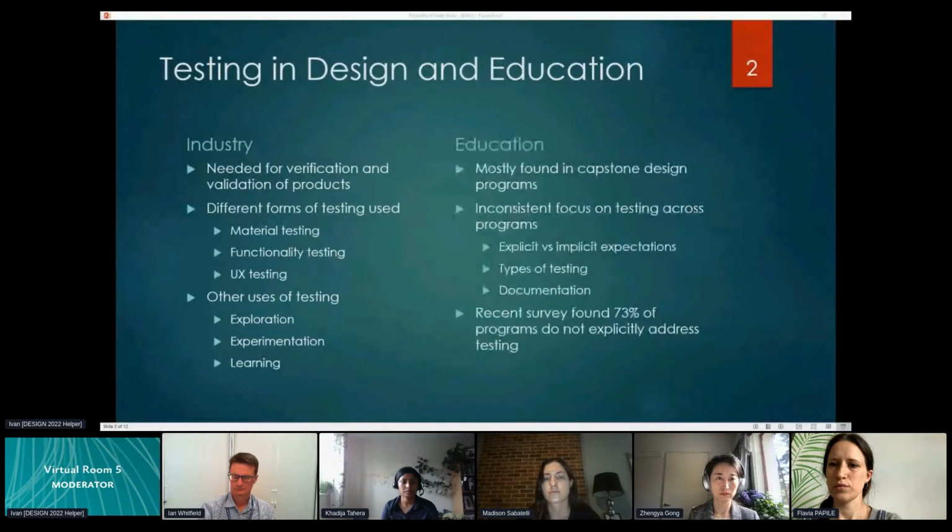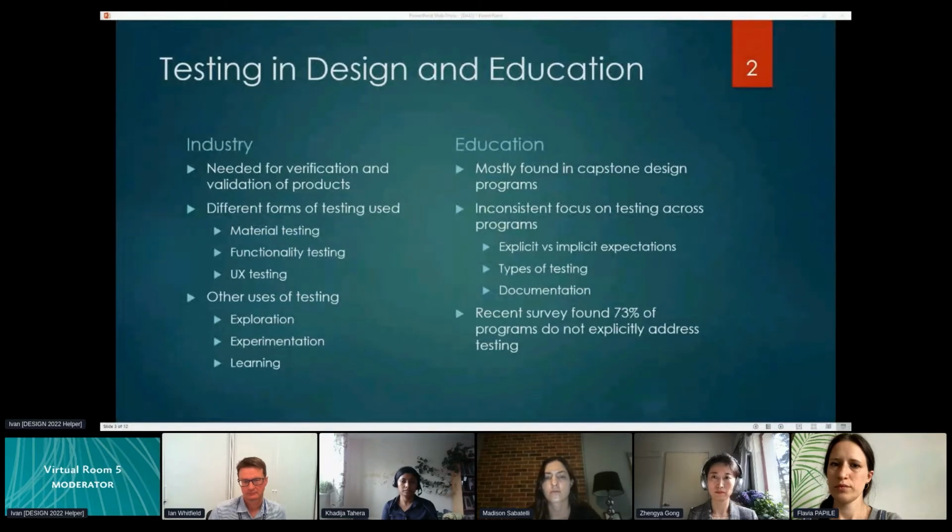In terms of education, testing is mostly discussed in the capstone design programs, and even there it's inconsistent as for what is exactly covered, whether it's mentioned explicitly or implicitly is not consistent across programs.